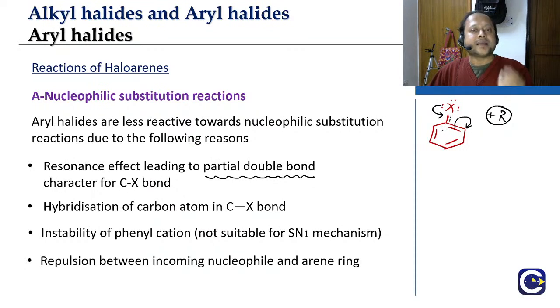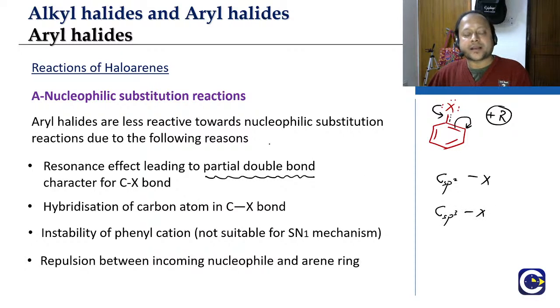And also, all the carbons in benzene are sp2 hybridized, right? So you can see that carbon with sp2 hybridization in aromatic halides and sp3 hybridization in aliphatic halides.